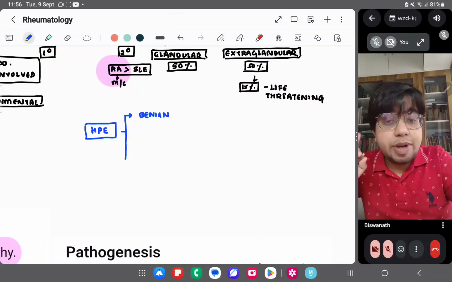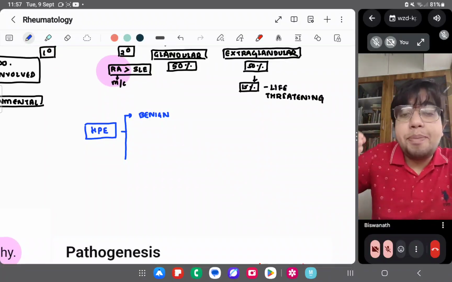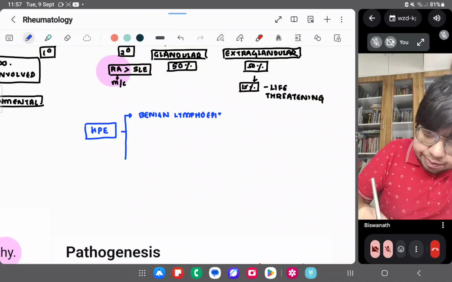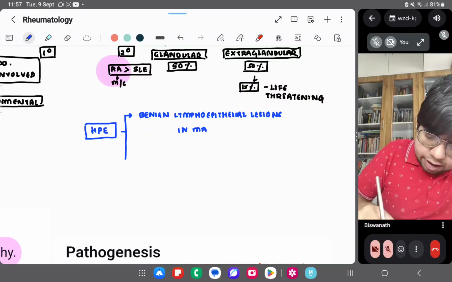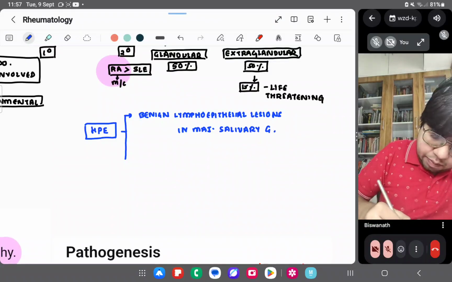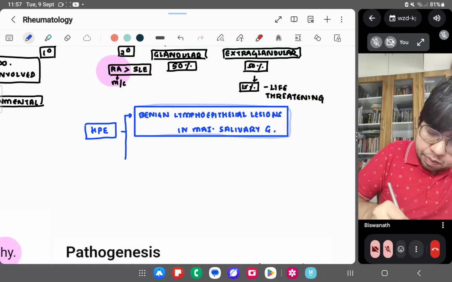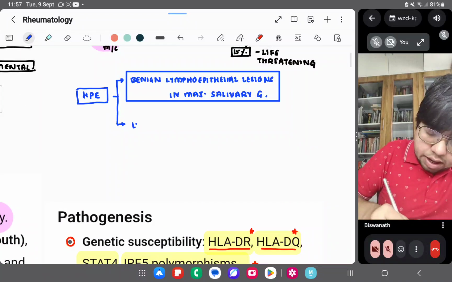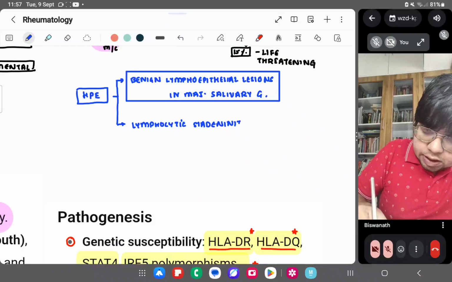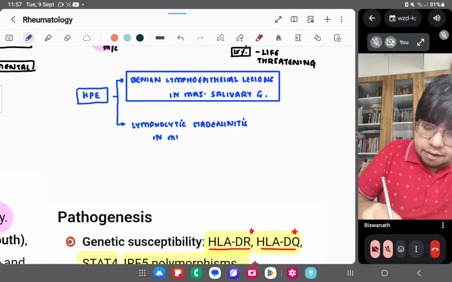These are benign lesions, just pay attention: lymphoepithelial lesions in major salivary gland and lymphocytic sialadenitis in minor salivary gland.